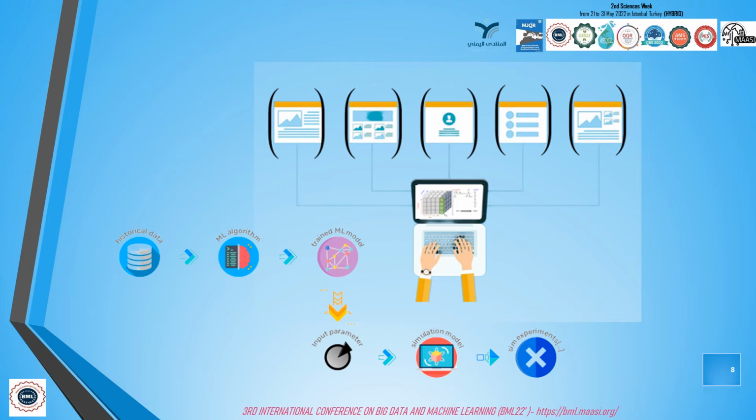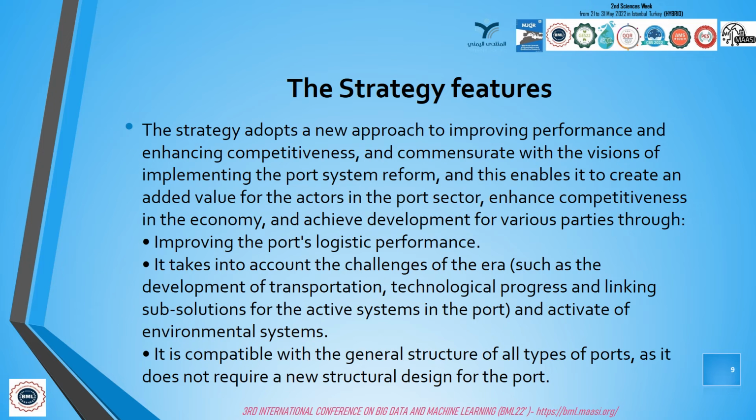The strategy achieved some features. The strategy adopts a new approach to improving performance and enhancing competitiveness, commensurate with the vision of implementing the port system reform. This enables it to create added value for the actors in the port sector, enhance competitiveness in the economy, and achieve development for various parties through improving the port's logistic performance.